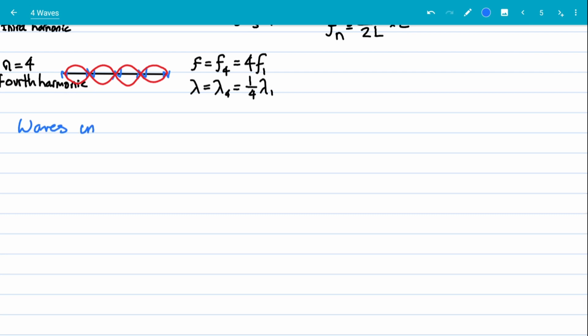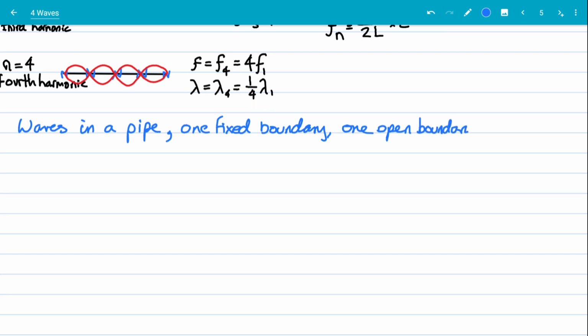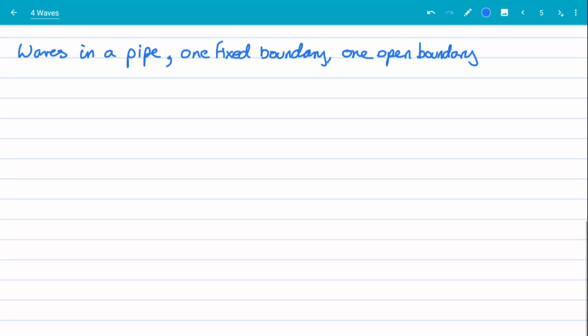Waves in a pipe, and this is one fixed boundary, one open or free. You can call it a free boundary as well. Boundary. So what would this look like?